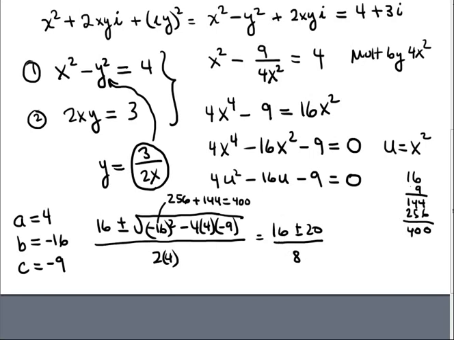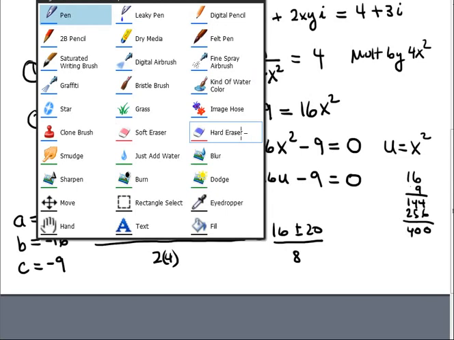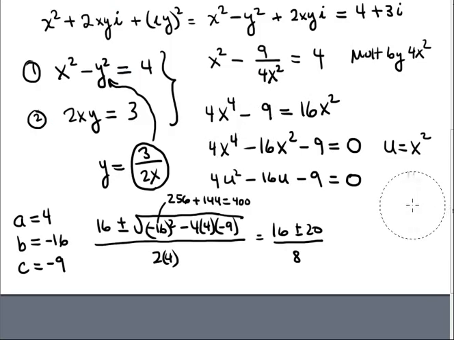Okay, now you separate this answer like 16 plus 20 over 8, and like 16 minus 20 over 8. And this is 36 over 8.